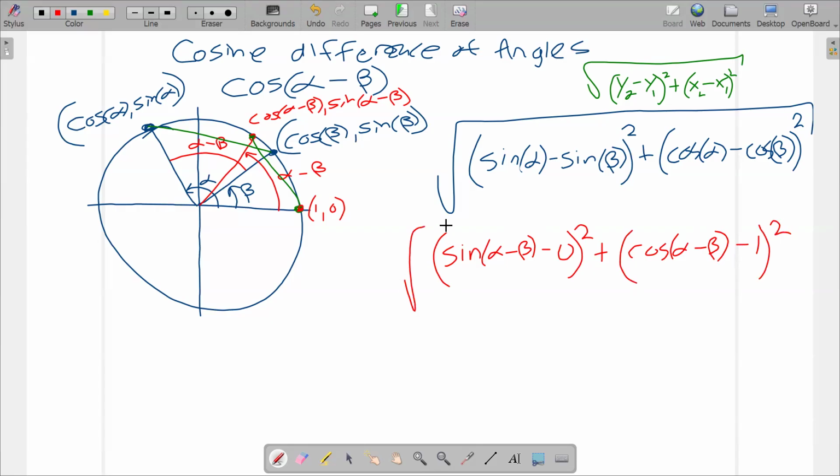And distance formula says take the square root of that sum. And I designed this relationship so those two distances have to be the same. One set of points is just a rotation of the other set.